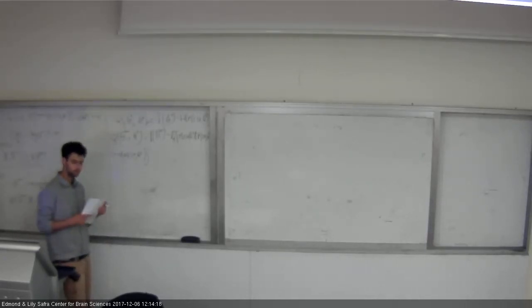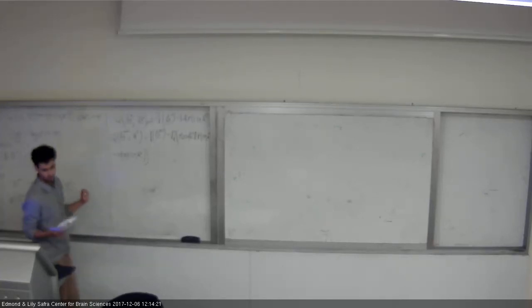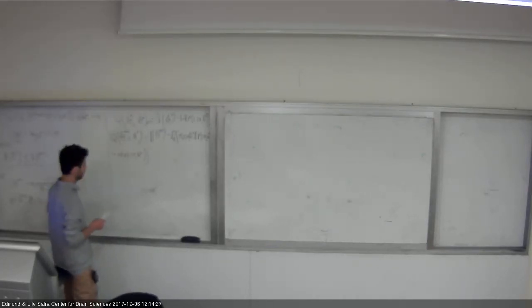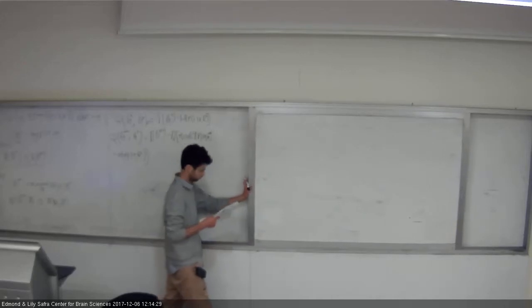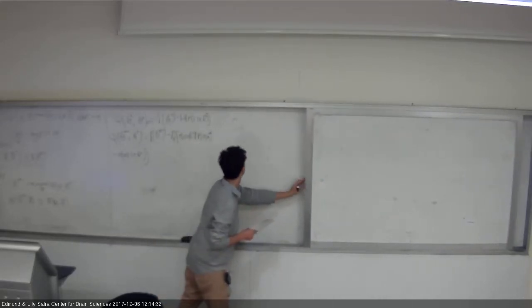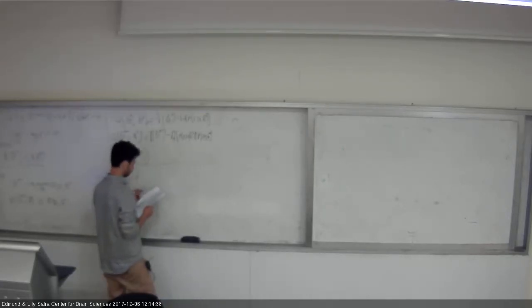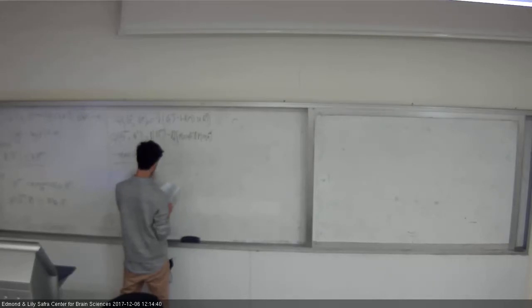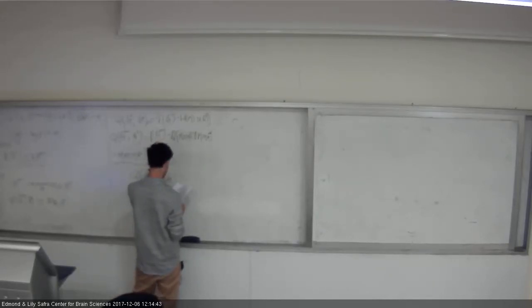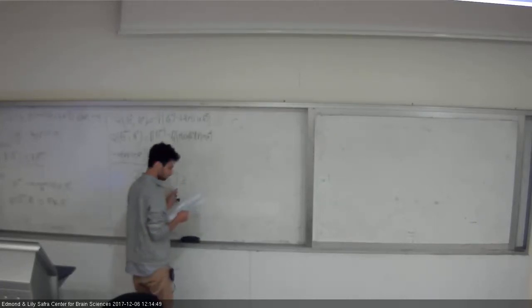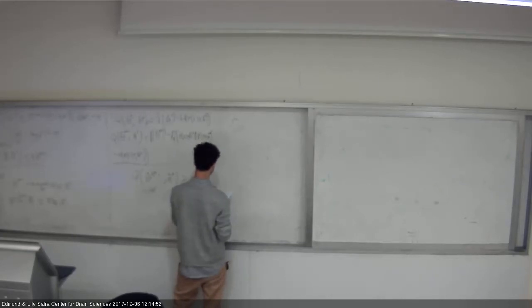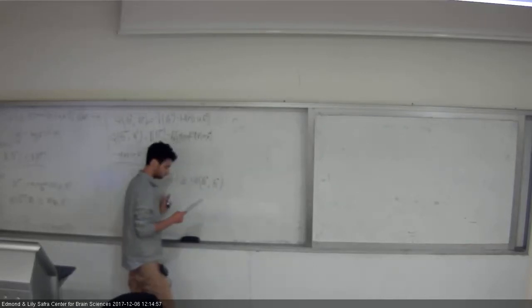So if we combine these two arguments, if we substitute here, we get that q of theta hat at time t plus 1 and theta hat at time t is bigger than q of theta hat at time t and theta hat at time t.